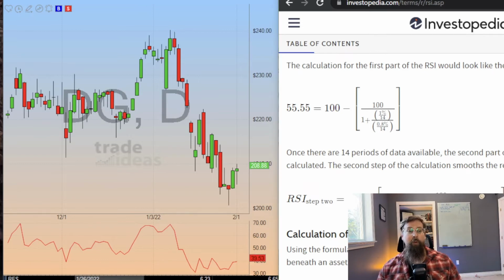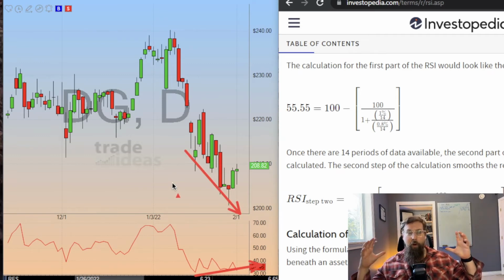Now, another way that you can use this, and a way that I like to use it, is to look at it in a divergent sense. For example, here with Dollar General, you can see we're making higher lows in the RSI, and we are making lower lows on price. Again, I always want to go back to what the indicator math is actually built off, because every indicator out there is derived from price and volume, and that's all.